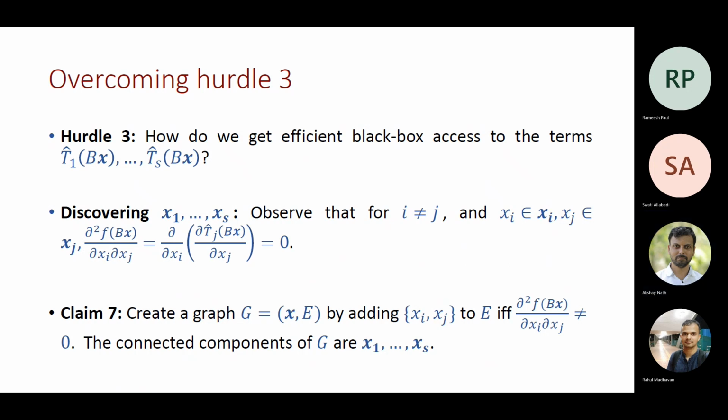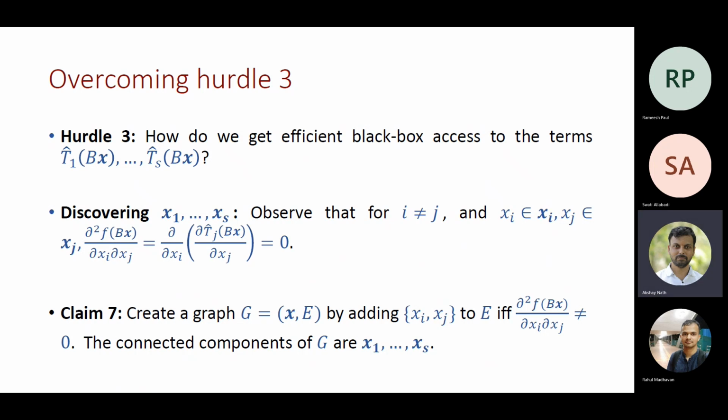Now t hat j Bx does not contain xi, so its derivative with respect to xj also does not contain xi, and so the entire derivative is 0. That is, if you pick a variable from Xi and a variable from Xj, and i and j are not the same, then the double derivative of f with respect to xi xj is 0.